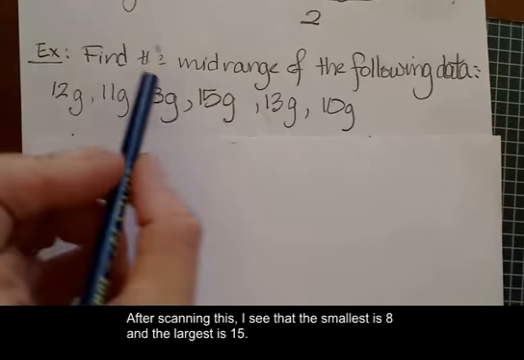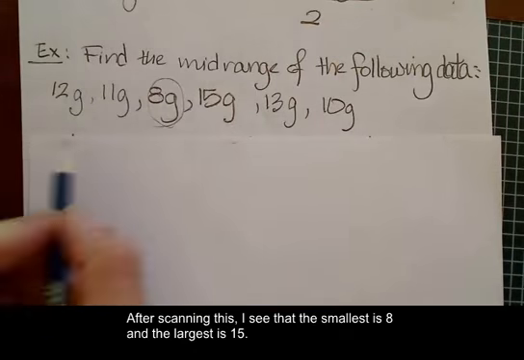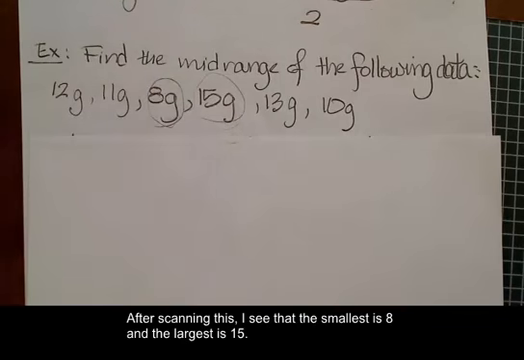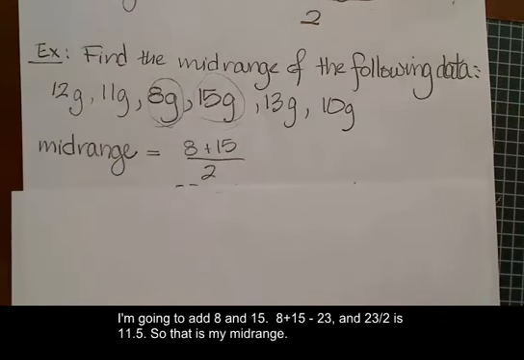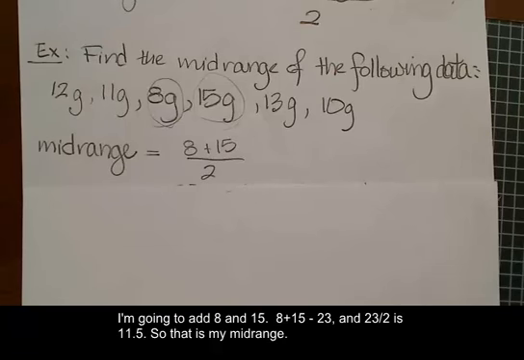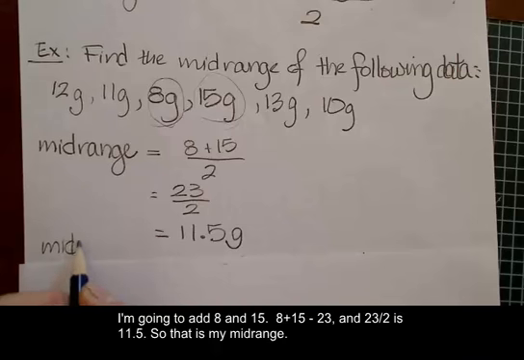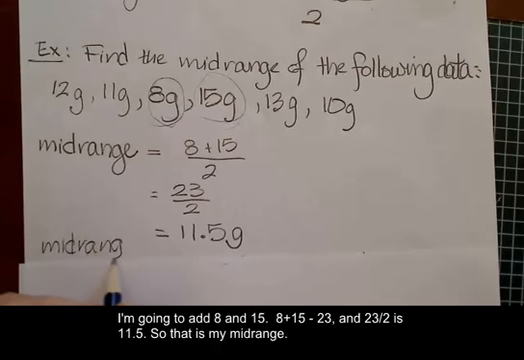After scanning this, I see that the smallest is 8 and the largest is 15. So I'm going to take 8 and 15 and add them together. 8 plus 15 is 23. 23 divided by 2 is 11.5. So that is my mid-range.